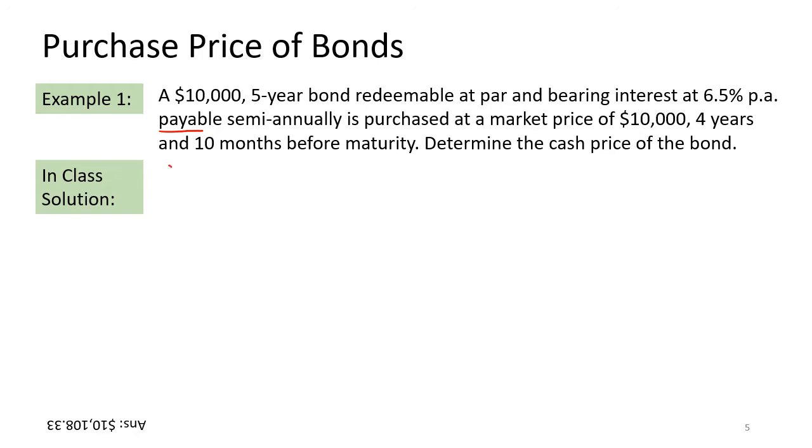So like I said, the cash price is equal to the market price plus any interest you've earned. Okay? And one thing to note about interest is it's based on the face value of the bond. Interest is never calculated based on what the market is seeing, right?